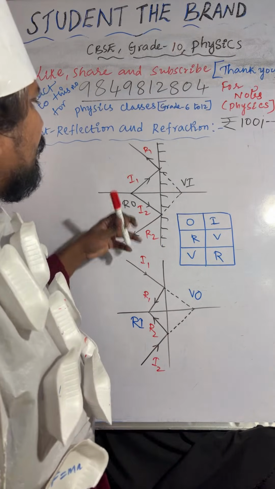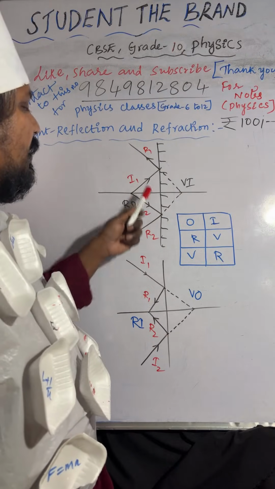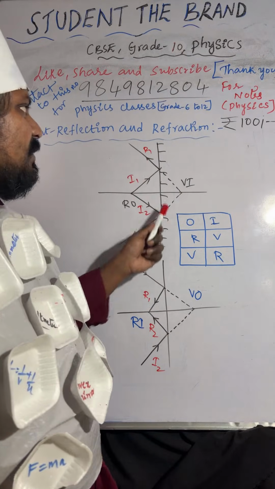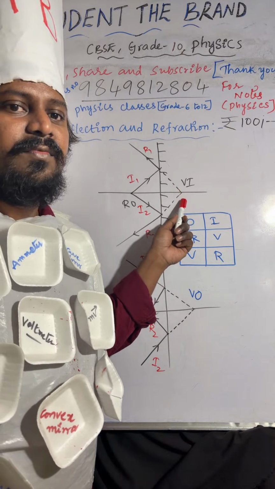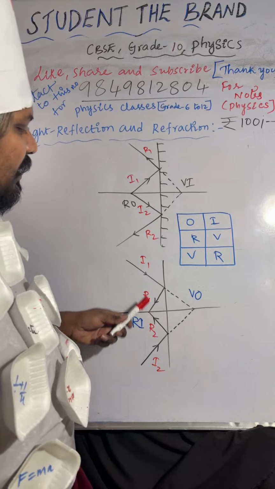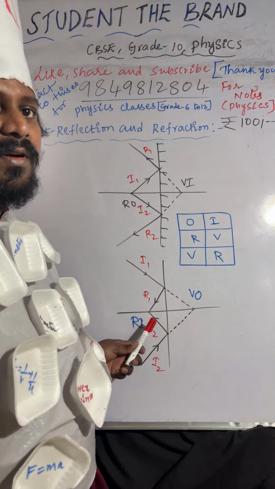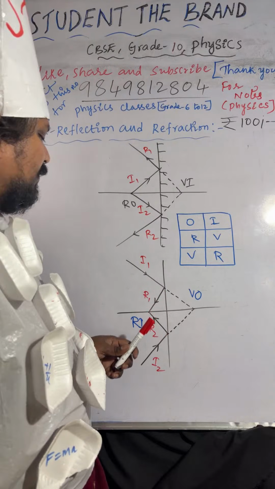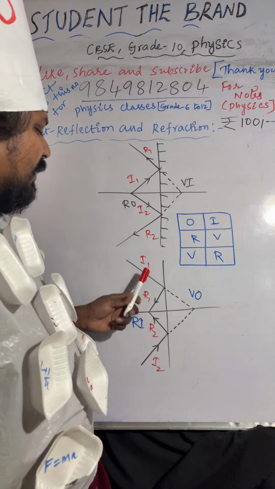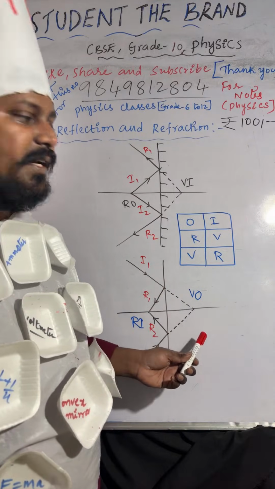Just once again. I1, I2 after reflection are moving away from it. If you extend those reflected light rays, they meet at one point. Their image is forming. That is a virtual image. Here you can see incident ray 1, incident ray 2. After reflection, those light rays are meeting at one point. So their image is forming. That is a real image. If you extend these incident light rays, extended incident light rays are meeting at one point.